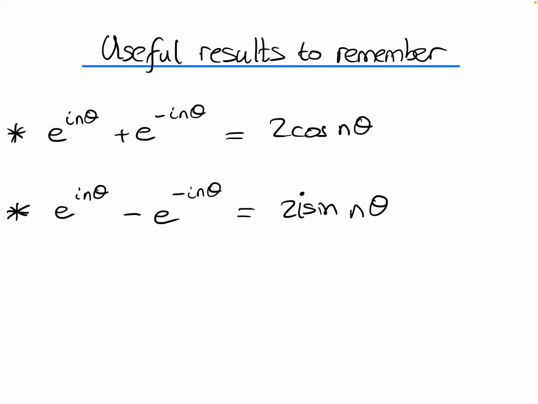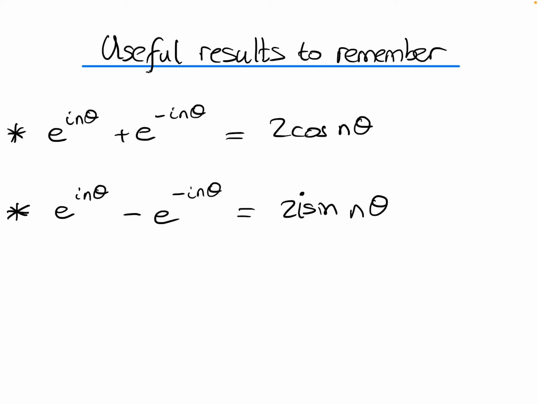Also, a couple of other useful results from the previous video to remember that are going to be useful in this video. So e to the in theta plus e to the minus in theta is the same as 2 cos n theta.